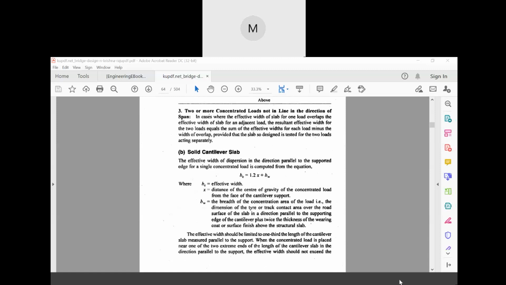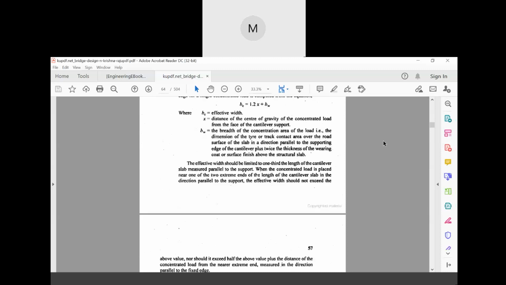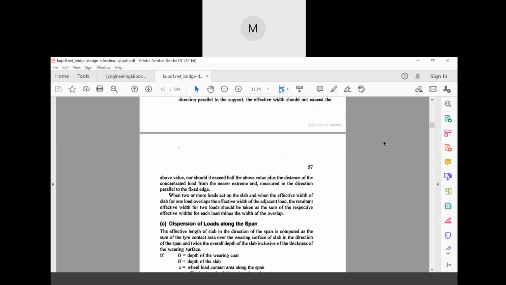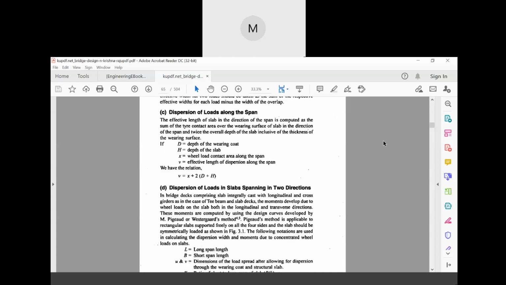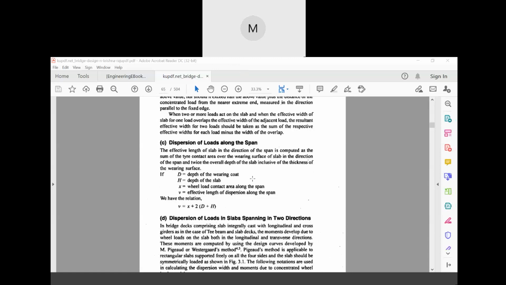Now, if you see here, dispersion of loads along span.